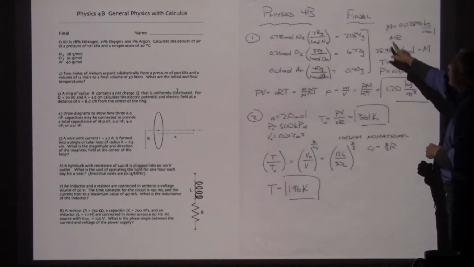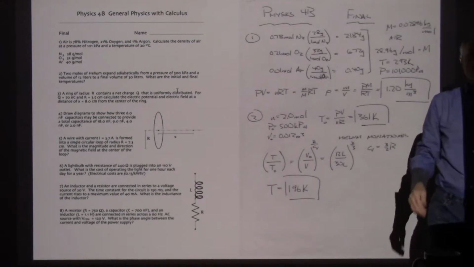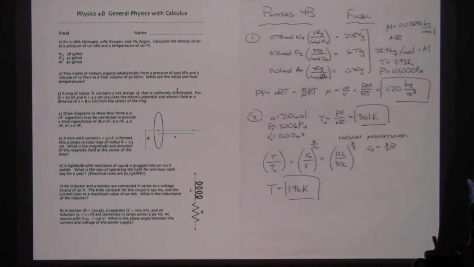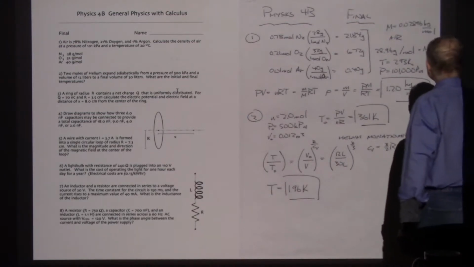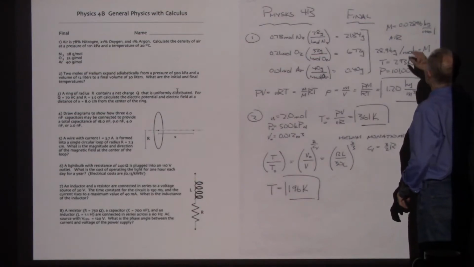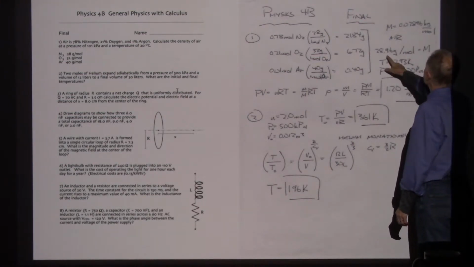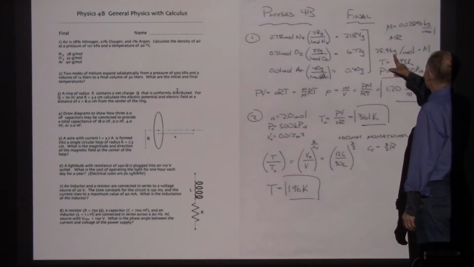And so adding all those together would give me the combined mass of my 1 mole of air. And that number worked out to be 28.96 grams per mole. That's the big M here.